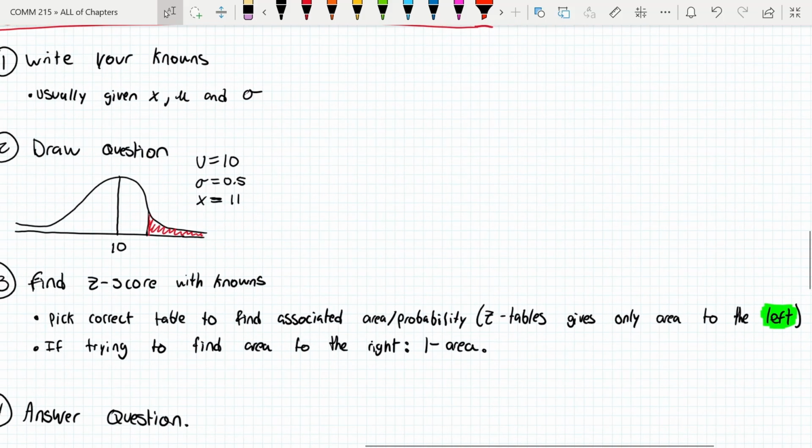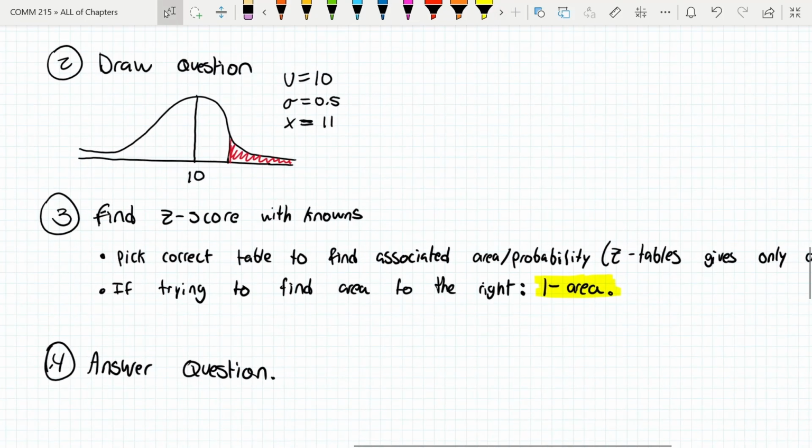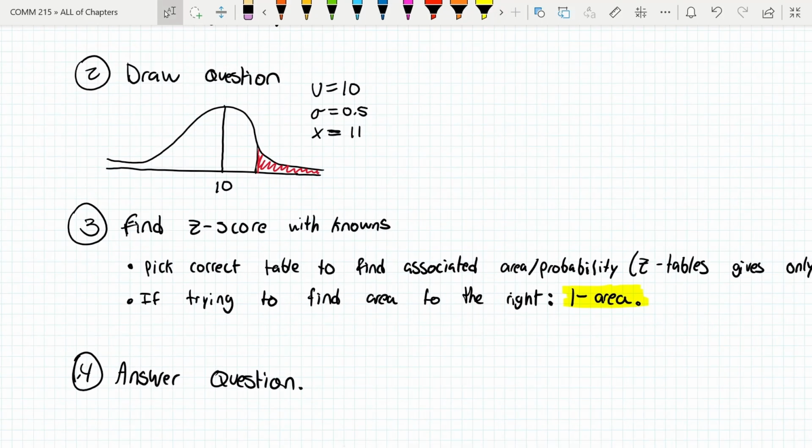So if you want to find the area to the right, it's just 1 minus that decimal, or 100 minus the percentage. So if you're trying to find an area to the right, like I said here, I'll highlight it again for you guys: 1 minus the area. Then, step 4, you can pretty much answer the question once you find that area.